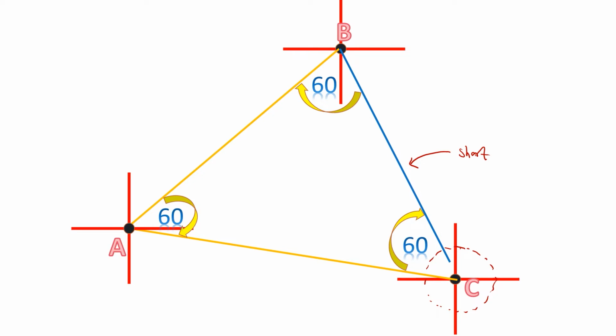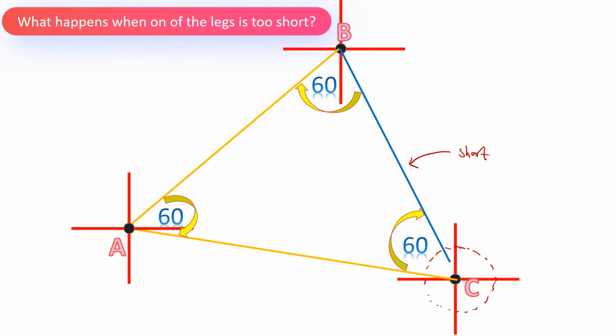So we also need to do the correction for the length, okay? Because when one of the legs is too short, then the traverse will not close, okay? So let us see how this would impact the latitude and departure, and how we can do the correction in the latitude and departure to fix this problem, okay?